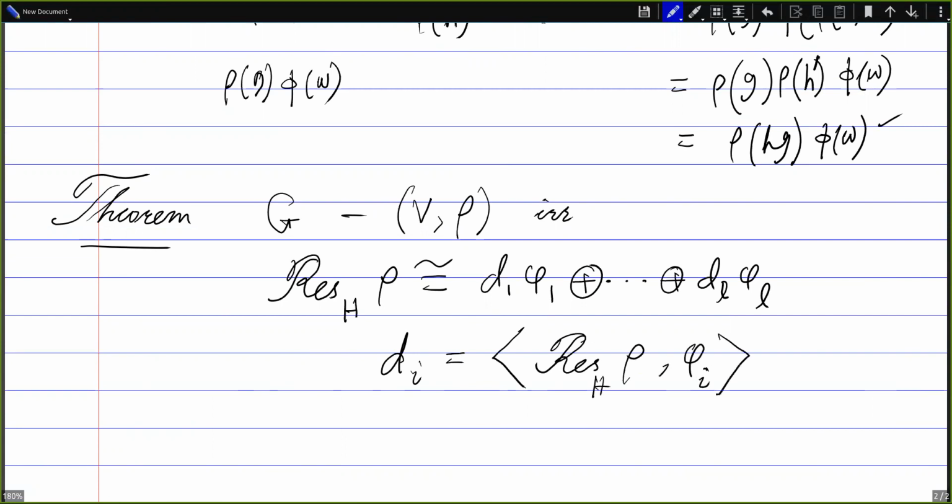If di is 0, then we simply don't have any sub-representation of this which is isomorphic to phi I. In that case, we say that phi I is not contained in this restriction of rho. If di is non-zero, then we will say phi I is contained, and di is said to be the number of times it is contained.